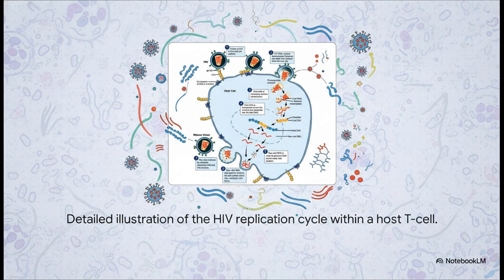Inside, reverse transcriptase does its job, making viral DNA. That DNA travels to the nucleus and is inserted into the host's DNA by the enzyme integrase. Now, this provirus can just sit there, latent, or it can become active, churning out new viral RNA and proteins. These pieces gather at the cell surface and bud off, and then the protease enzyme makes the final cuts to form a mature, infectious virion.